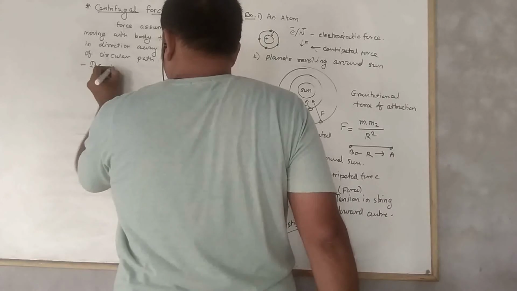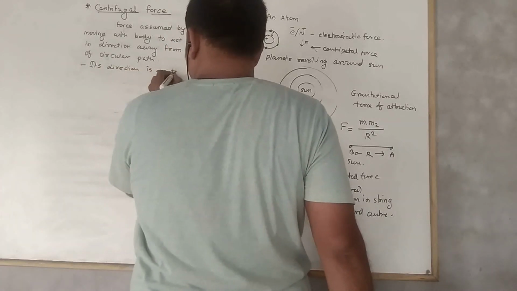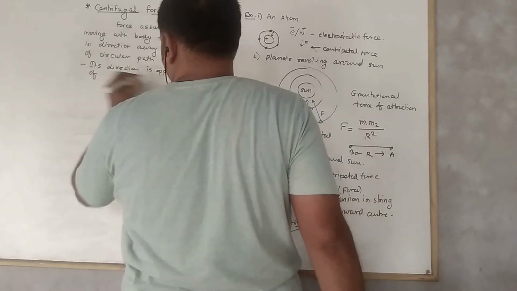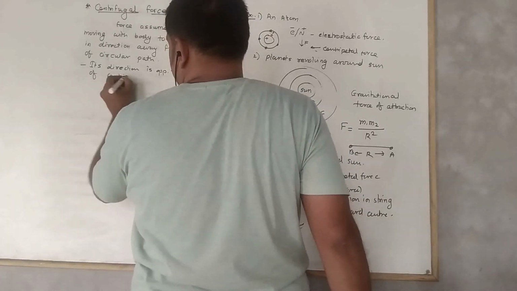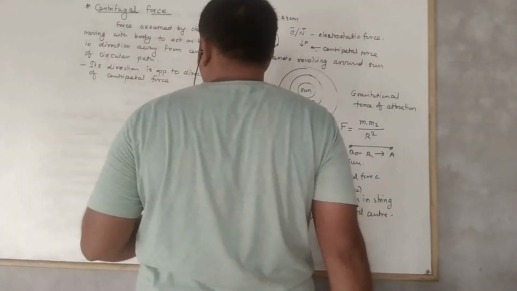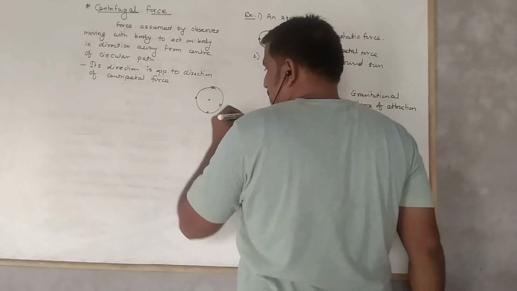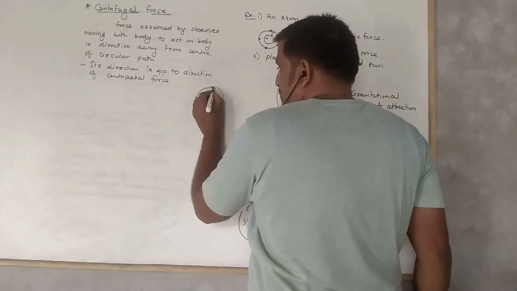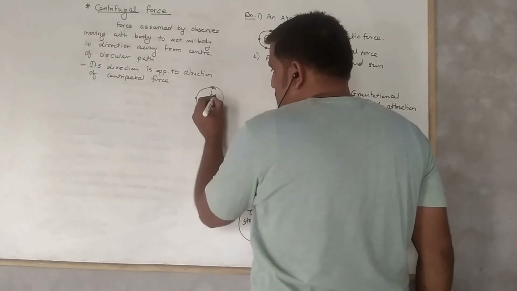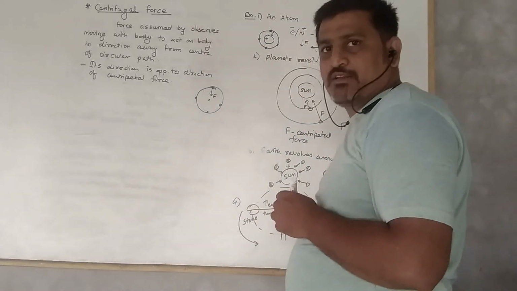Its direction is opposite to the direction of centripetal force. Centripetal force की जो डायरेक्शन होगी उसके अपोजिट. As per the motion of the body in a circular path, this force is towards the center, right? Towards the center.